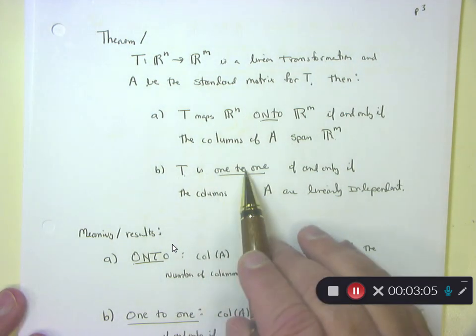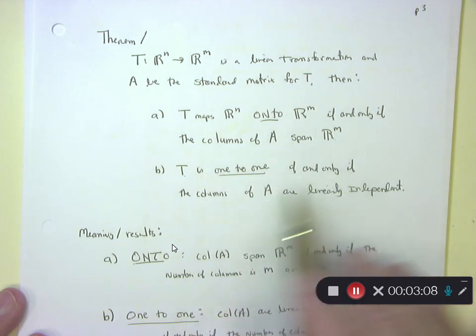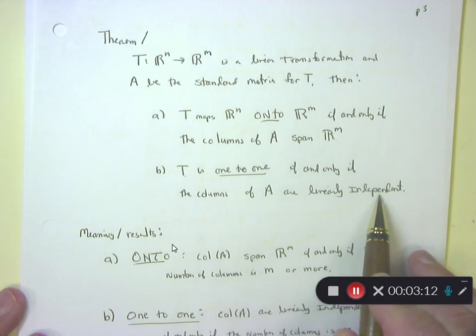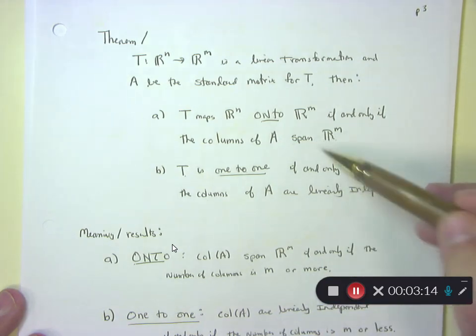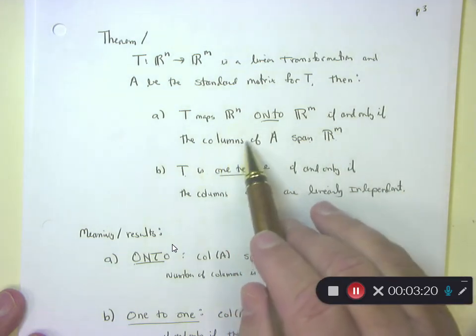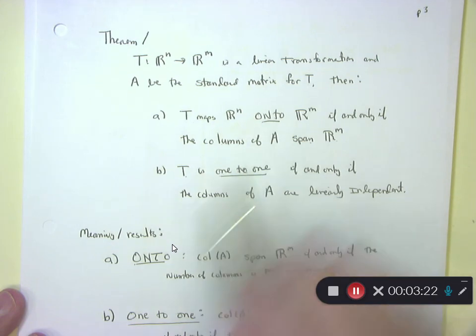T is one-to-one, injective, if and only if the columns of A are linearly independent. So the idea of spanning means that any vector inside of Rm can be written as a linear combination of the vectors that are the column vectors here.